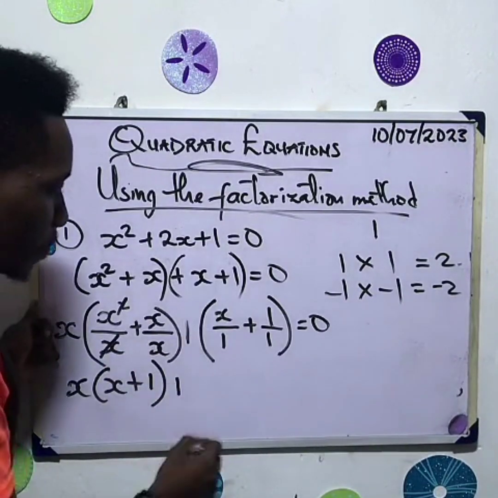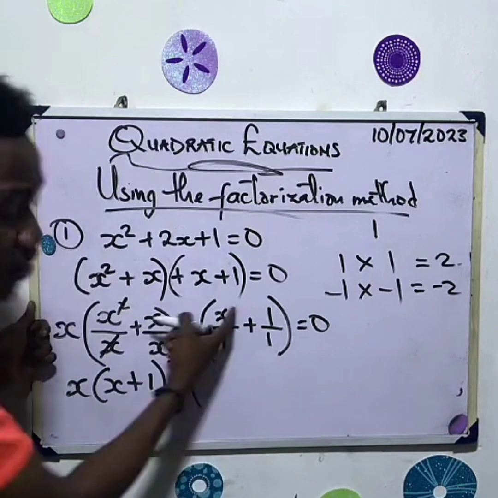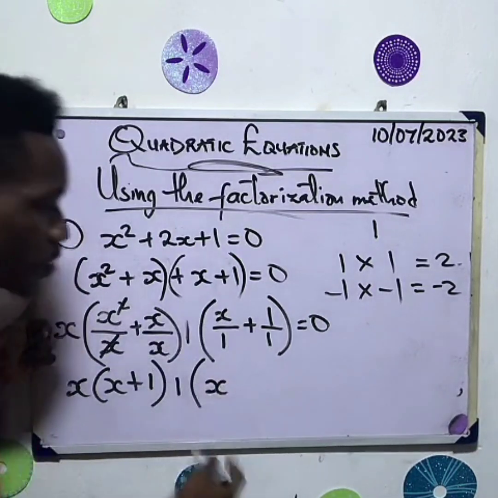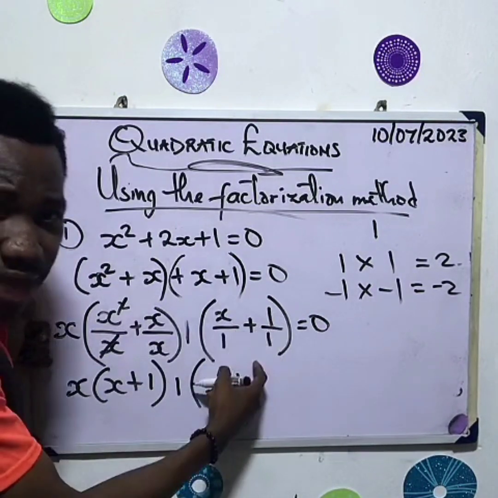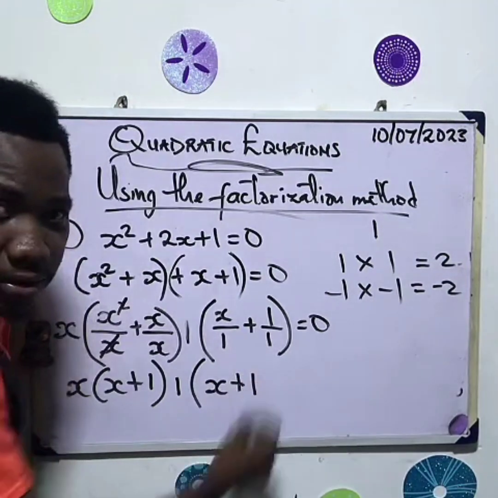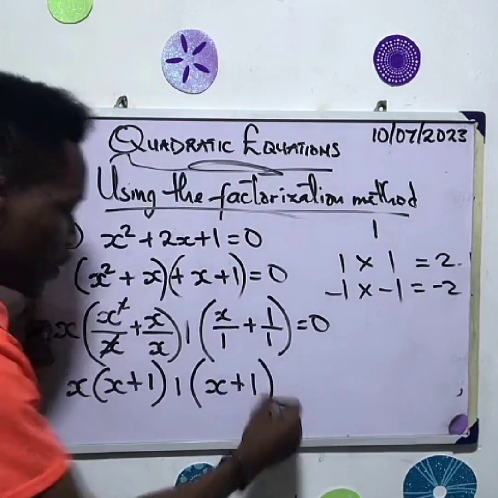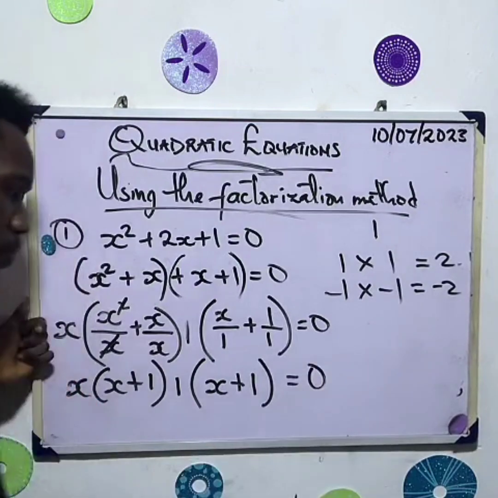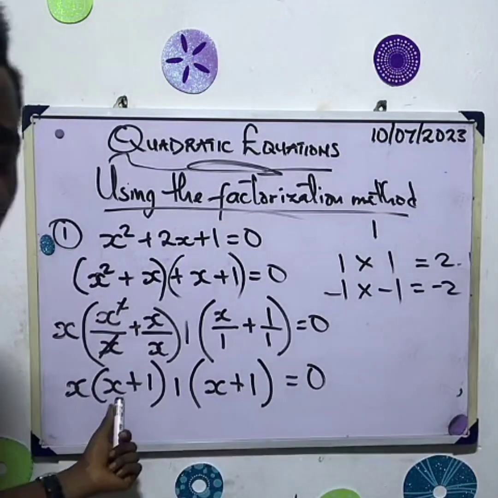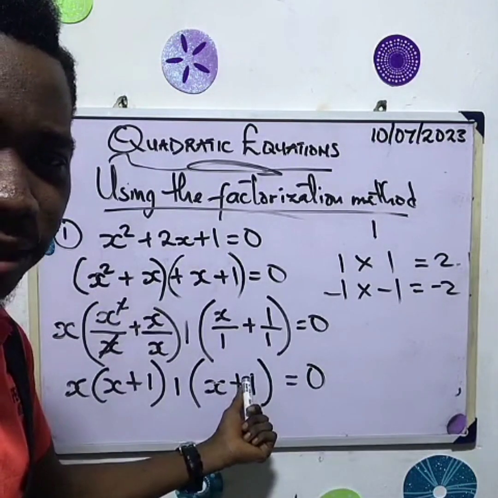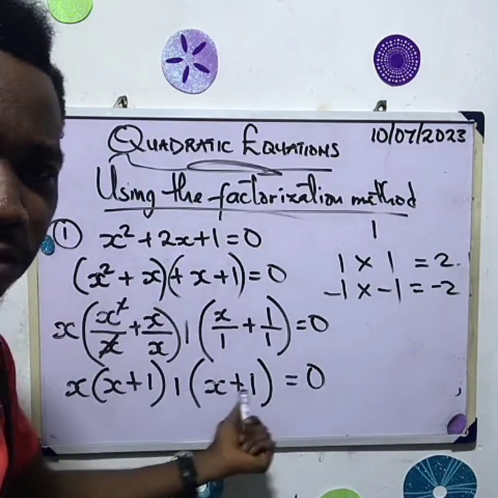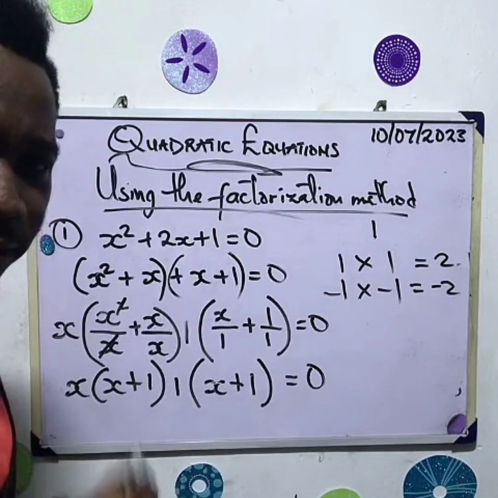Then we have 1 here. In brackets, x divided by 1, x. Then plus 1 divided by 1 is 1. Then bracket close equals 0. At this point, you see that what is in this bracket is the same as what is in this bracket, right? So it tells you that you're on the right path.